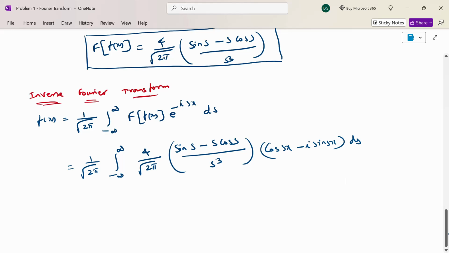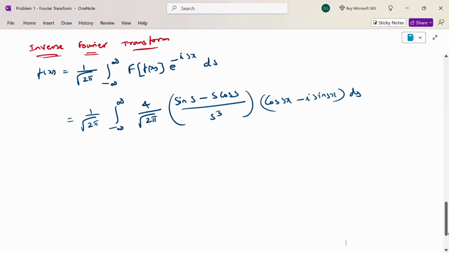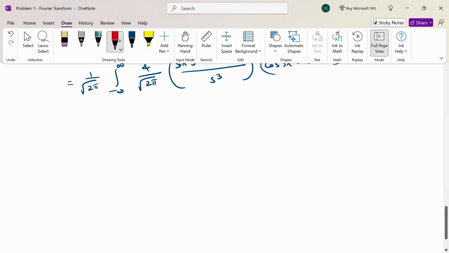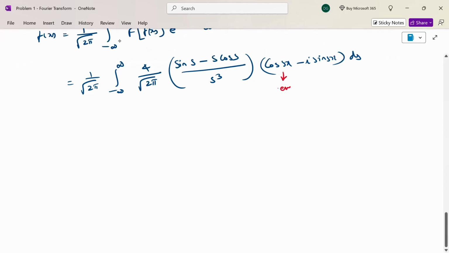In this case, because of the full range, and x term is here, we should check whether the given function is odd or even. This is an even function, this is an odd function. Therefore, this term is 2 times the value and the other term is 0.